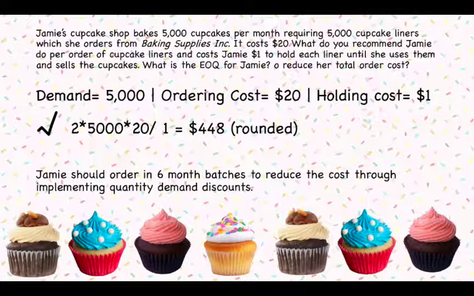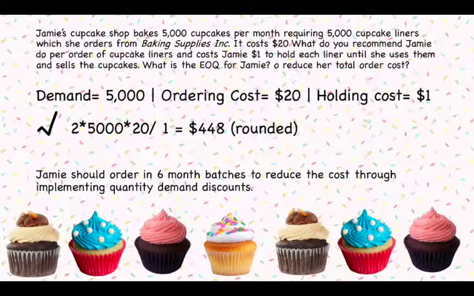In this situation, demand is 5,000 liners. The ordering cost is $20 per order of liners. The holding cost is $1 per cupcake liner. We plug these numbers into the formula as the square root of 2 times 5,000 liners times $20 per order, divided by a holding cost of $1.